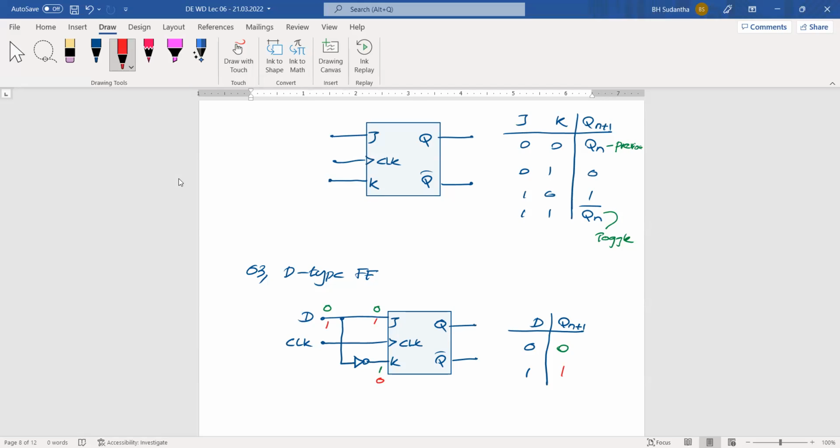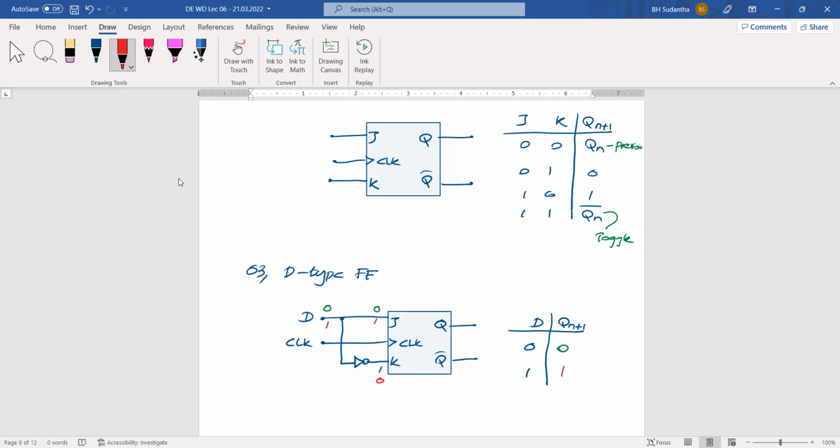Then why is this important? It's not like the previous ones. Actually, this is the type of flip-flop we can use for data storing. Whatever value you give, it will remember it as it is. Because of that, among all the flip-flop types we have discussed, this one is the useful one for data storing.